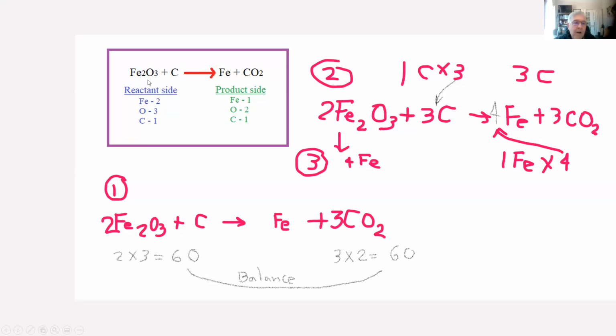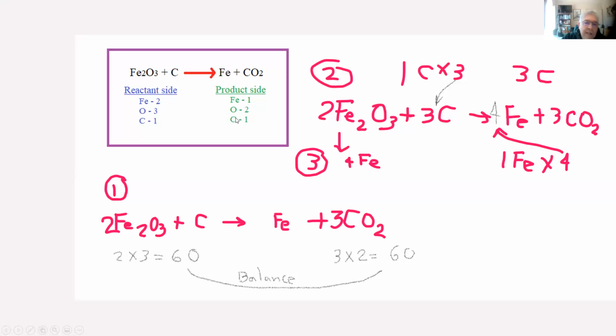And you write the number of atoms: in this case, 2 iron, 3 oxygen, and 1 carbon. Here you have 1 iron, 2 oxygen, and 1 carbon. As you can see, iron and oxygen are not balanced. Then you have to balance them.